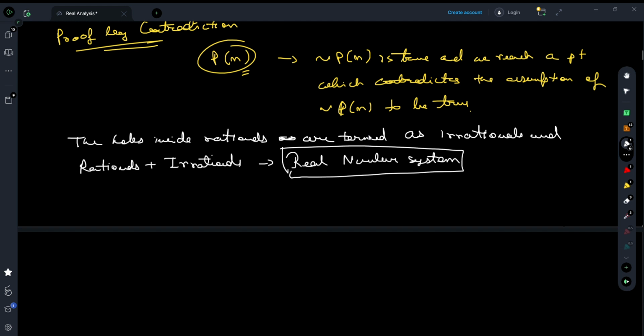Clear? Got it? So it is pretty clear, right?